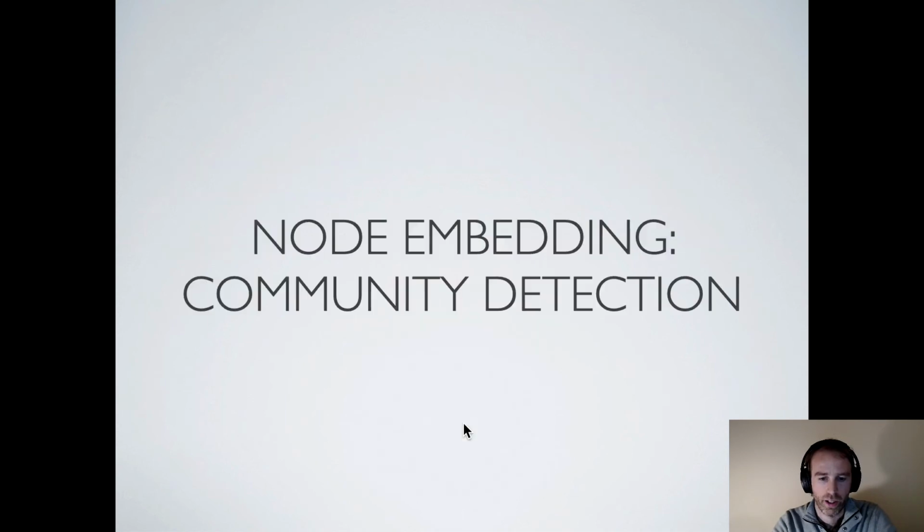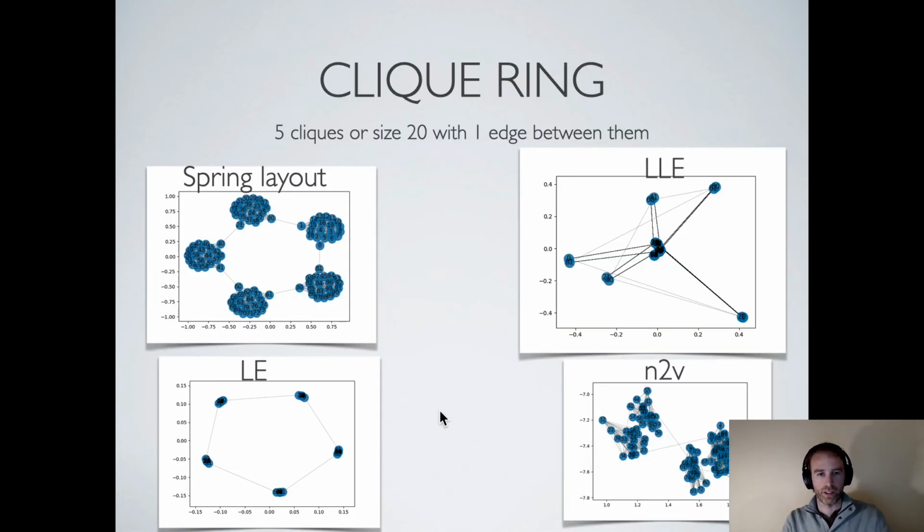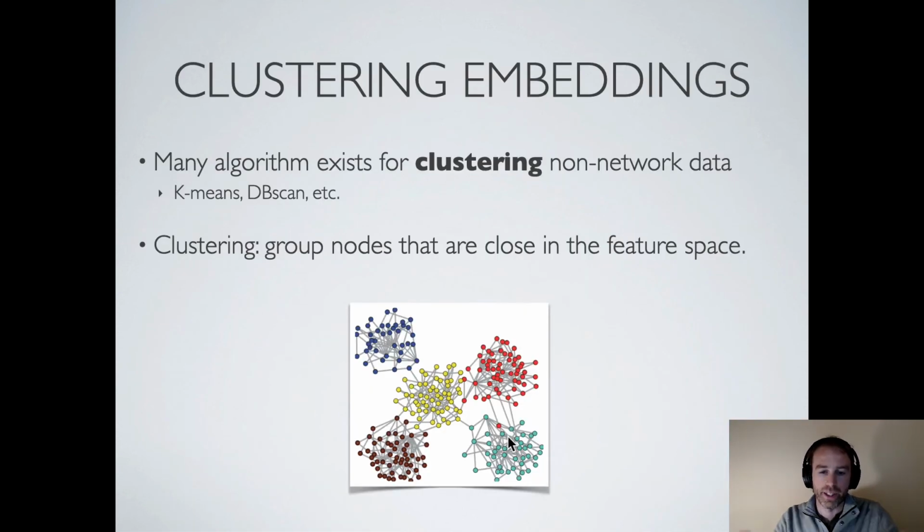To take a concrete example, if I go back to this visualization, if I take node2vec and I apply k-means on this, it will probably find a group here, a group here, another one here. So maybe you will have a problem finding all of them, but basically you will find communities that make sense in graph terms, because nodes that are close in the embedding of node2vec are also close in the network.